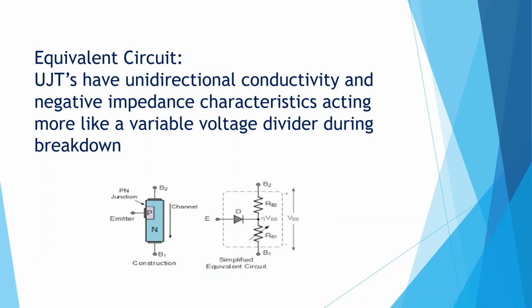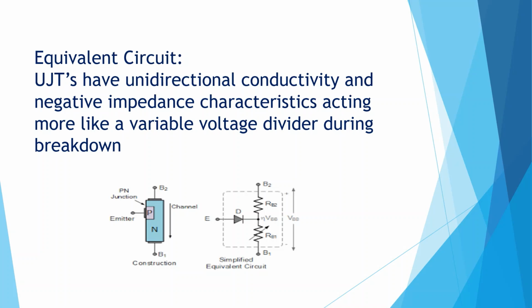That means no potential is applied to the emitter terminal. So from the equivalent circuit, what we can see is that RBB, the total inter-base resistance, will be given by RB2, that is the resistance of base 2 with respect to the emitter, plus RB1, that is the resistance of base 1 with the emitter.